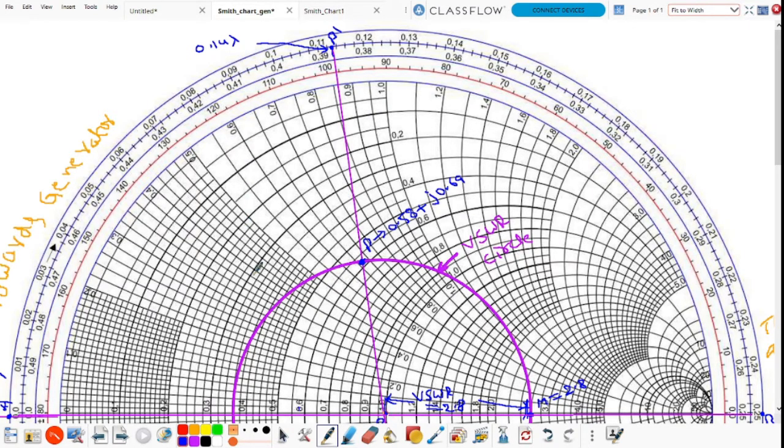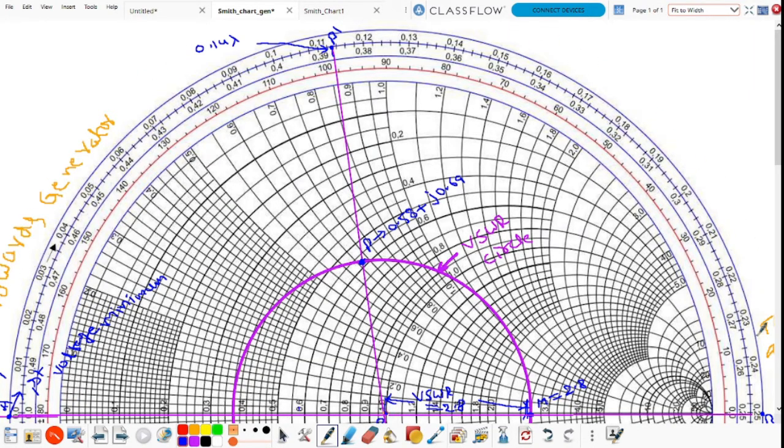The distance between the load point P dash and the first voltage minima point. What is the first voltage minima point? This point A is the first voltage minima point. The distance between the load point P dash and the first voltage minimum is measured towards the generator direction.